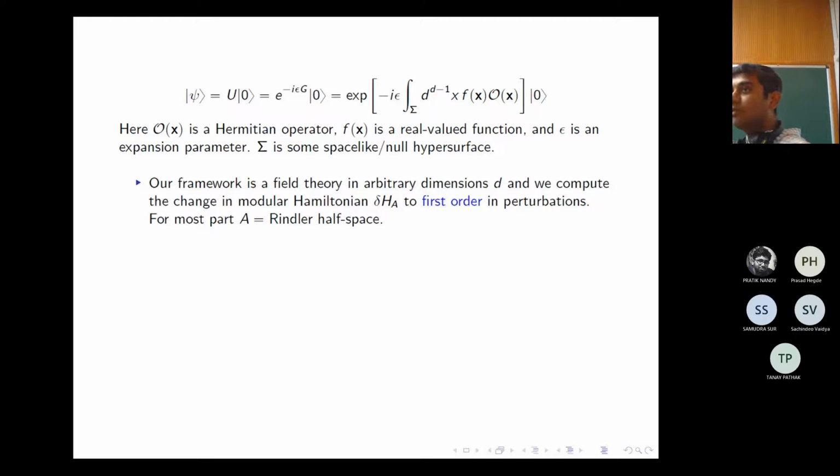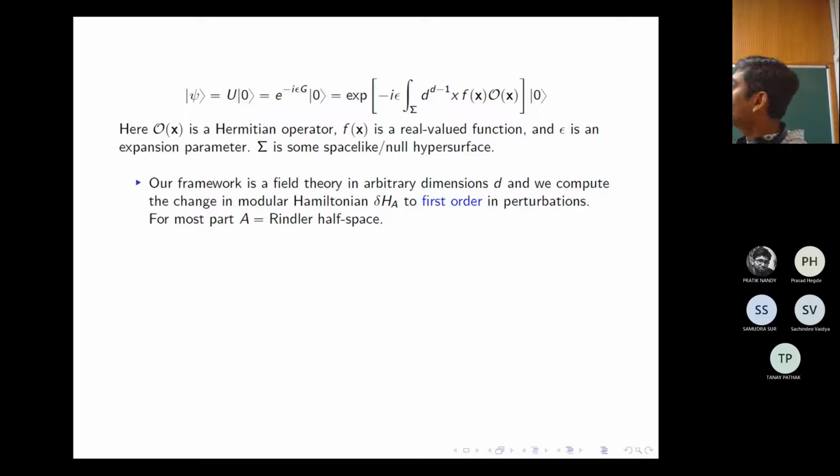We'll do the whole calculation at first order in epsilon. In some cases we can go to higher order, even exact results, but more generally I'll only talk about first order perturbation. The related change of HA is what I'm denoting by delta HA.